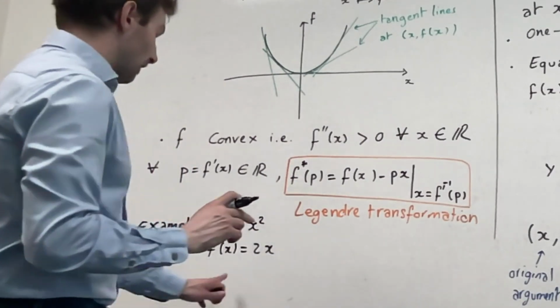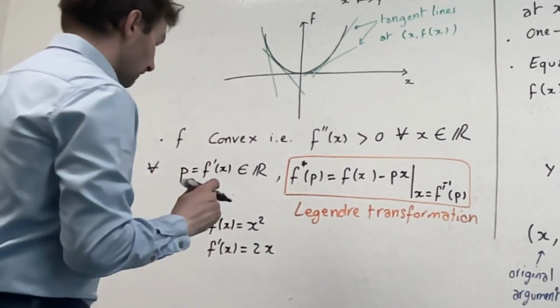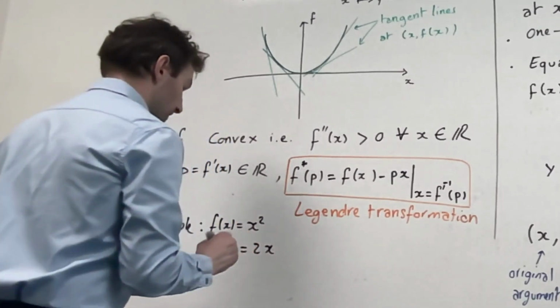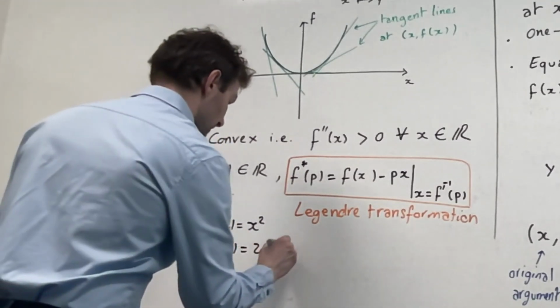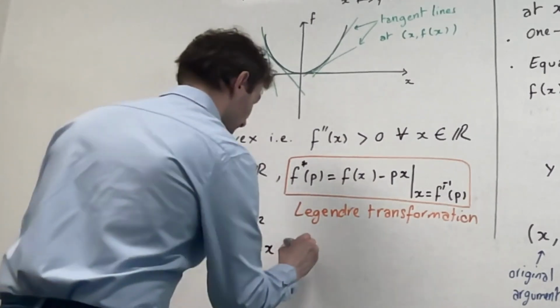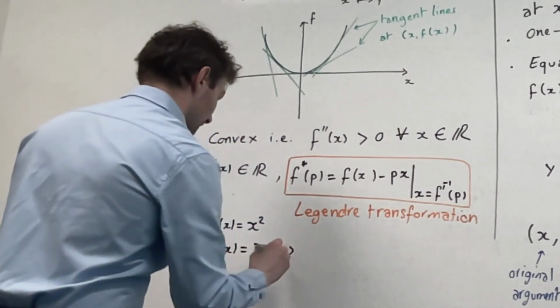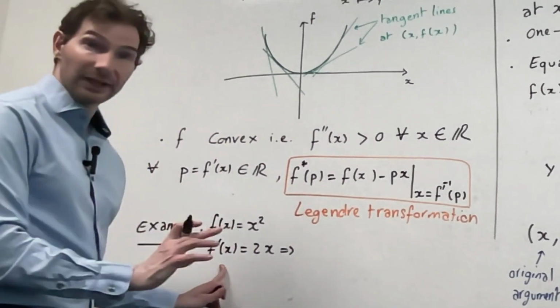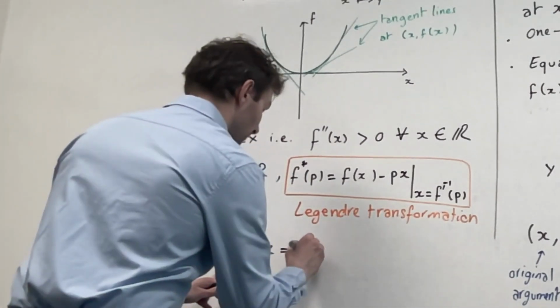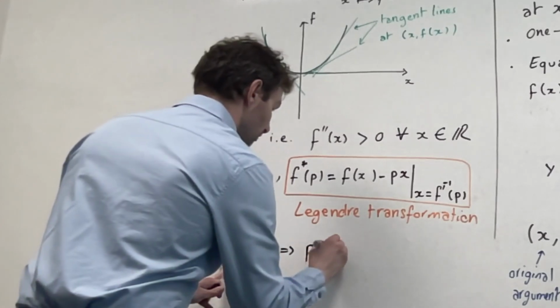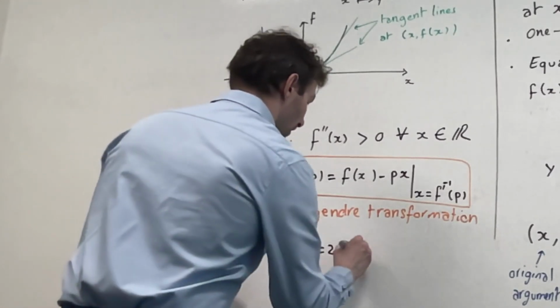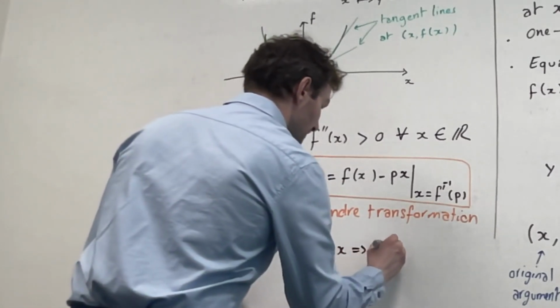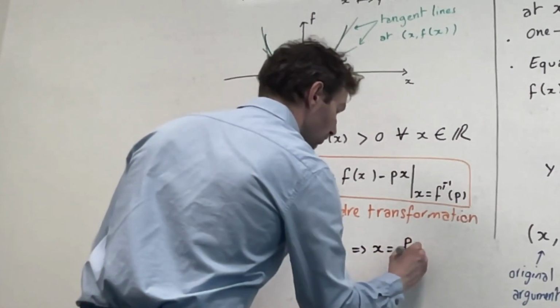Now remember, if I substitute f prime of x by p, I've got that p is equal to 2x, and therefore x is going to be equal to p over 2.